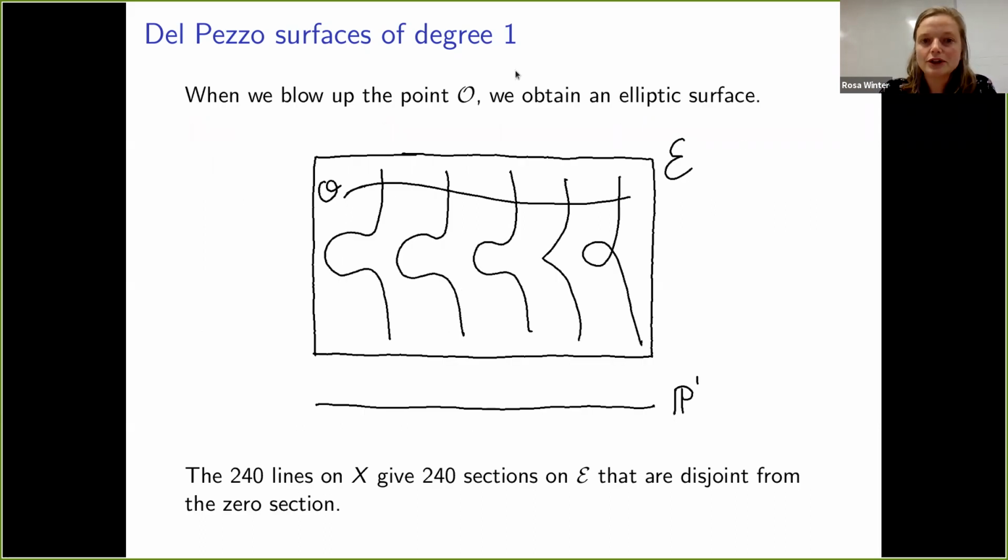So this base point O now becomes a section, so you get an elliptic surface because you really have a section also. And the 240 lines on X correspond, if you blow up this point, to 240 sections on this elliptic surface that are disjoint from this base section, from the 0 section.